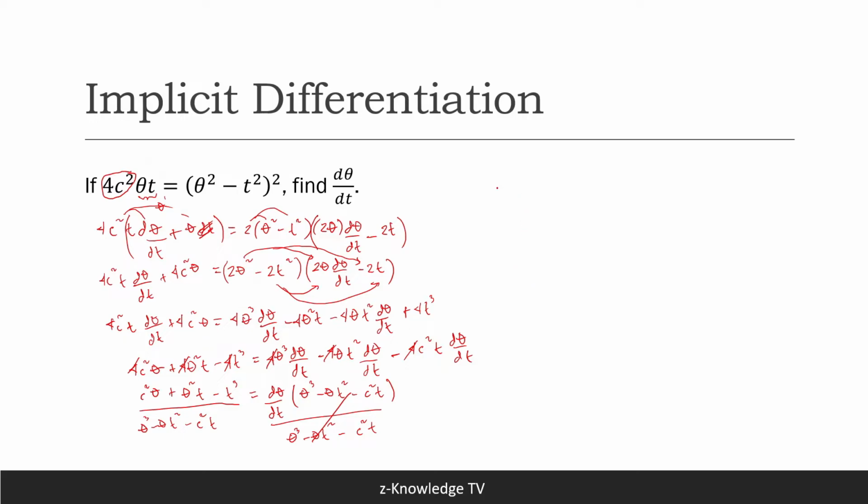So, therefore, ang d theta over dt natin is equal to c squared theta plus theta squared t minus t cube over theta cube minus theta t squared minus c squared t. Okay, so this will be our answer.